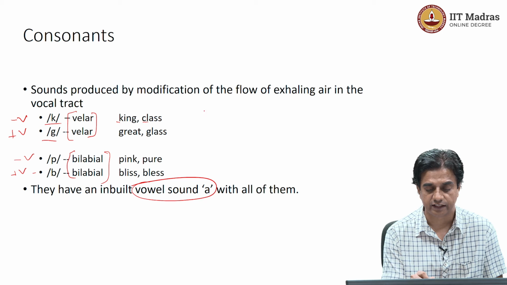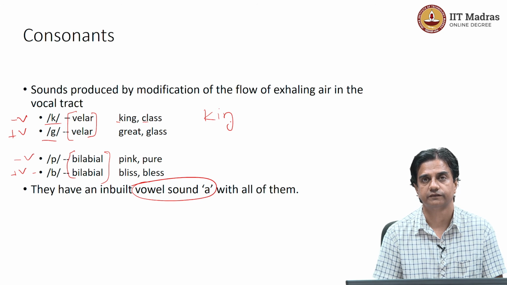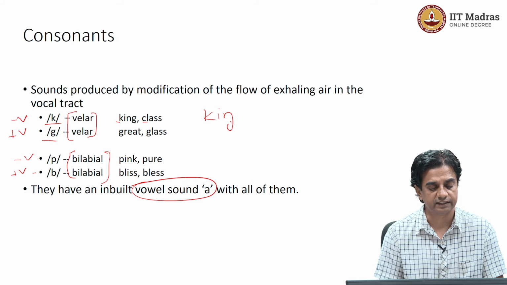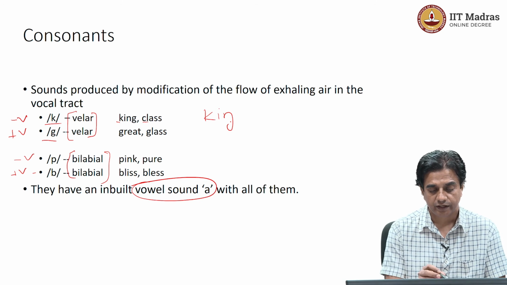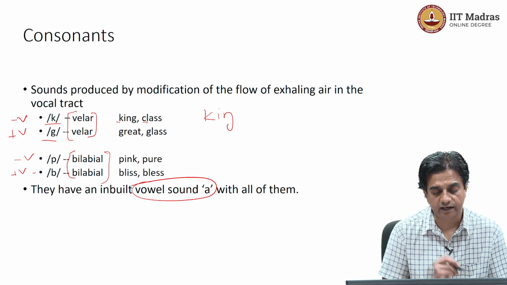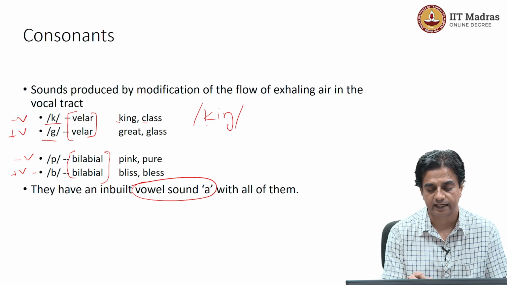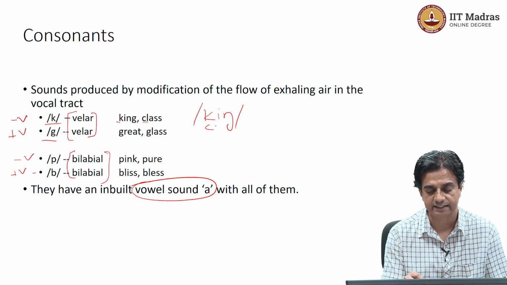So, you see ka, ki, ng. This is a velar nasal sound. When we write class, we are going to see, so this is how we write that, and the sequence here is CVC.